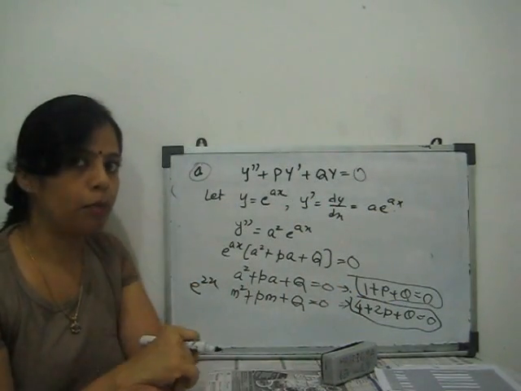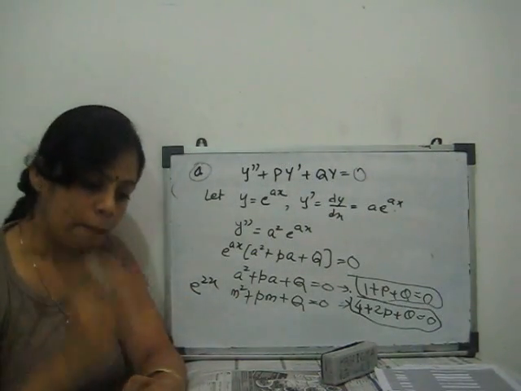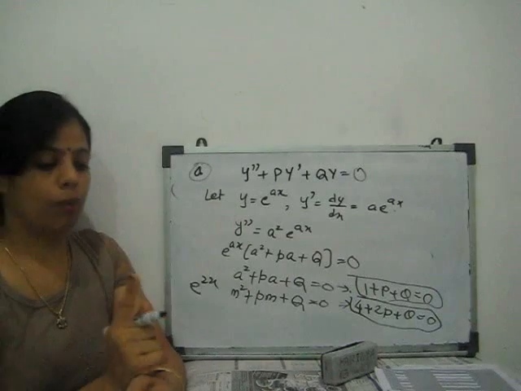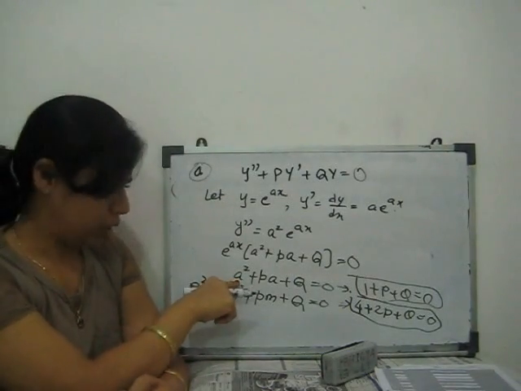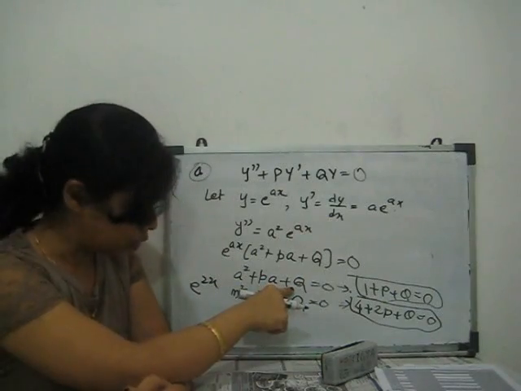Next, very important, a maximum question, e to the power minus x. If m is equal to minus 1, then minus 1 is, this is 1, this is minus p, this is plus q.